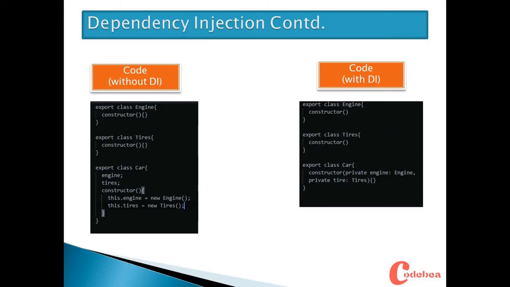We are only injecting the dependencies for the engine and tire, and this is what DI is. So if any modification happens in future to the engine or tires, the car has nothing to worry about, because it does not impact the car class.